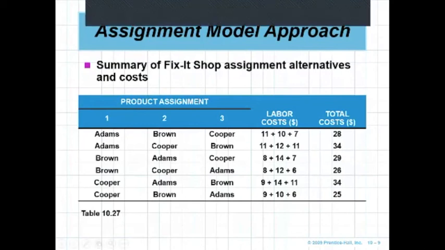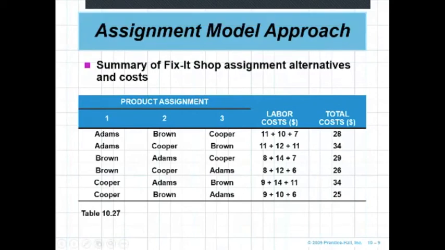Adam for project 1 is $11, plus Brown for project 2 is $10, and Cooper for project 3 is $7. We accumulate all those costs. It becomes 28, and the second combination becomes 34, etc. Then we choose the lowest total cost. The lowest one is $25.